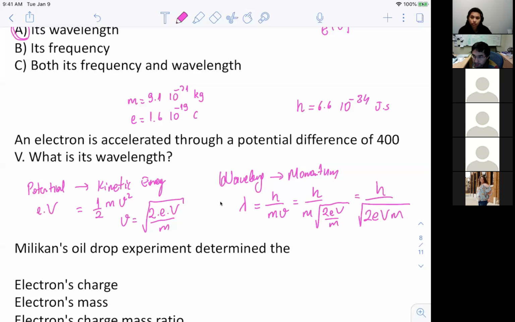I don't have a handy calculator, so I can plug it into Mathematica if you want. Okay, let's do it. It's going to run quickly. New document.